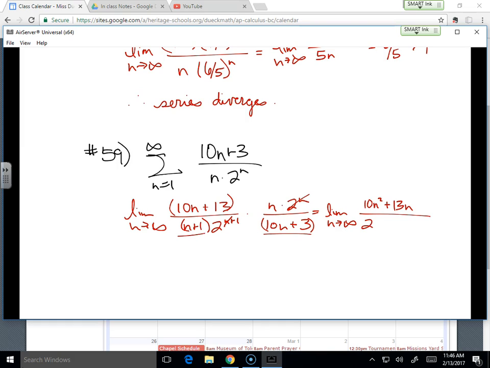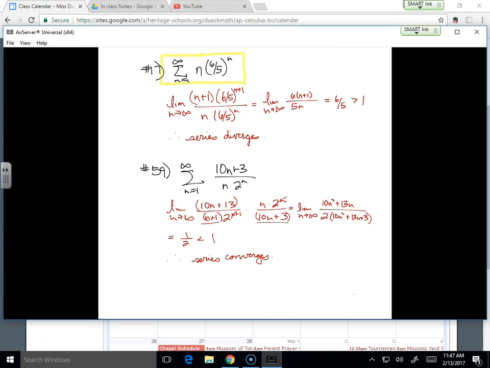I could FOIL these two. So I would have 10n squared plus 13n plus 3. And then my limit would equal 10 over 20, so 1/2, less than 1, series converges by ratio. Does that make sense? Yeah. Cool. And then the last one, 64?